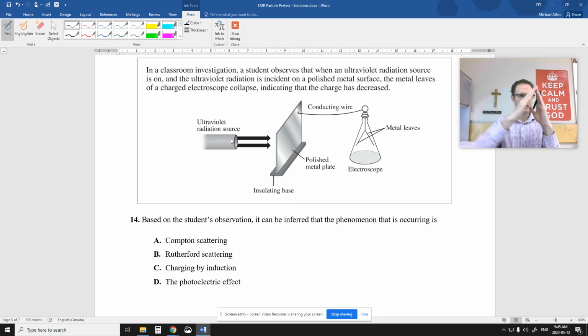His just had the one that went up, but you can have two that flip up. When they're charged, they're repelling each other, so they're out. And then when the metal discharges, the charge decreases and the leaves will decrease as well, because gravity will just take over. Based on the observation, it was inferred that this phenomenon is occurring because of the photoelectric effect.